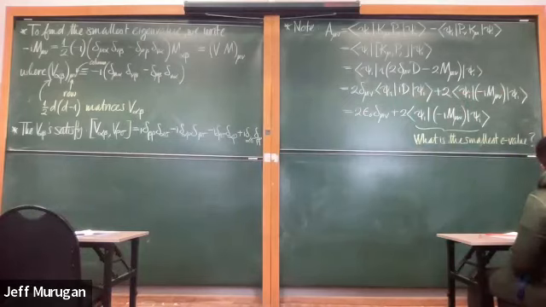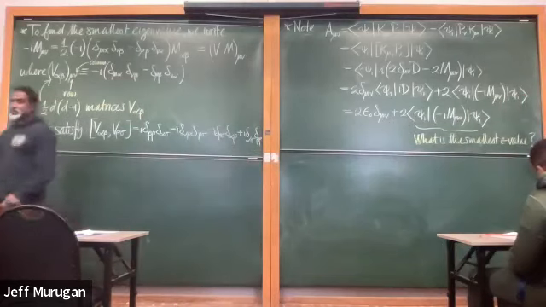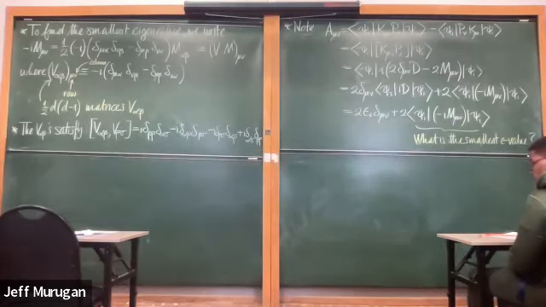The delta is very important. If alpha and beta went from 1 to 4, then it would be equal to 4.